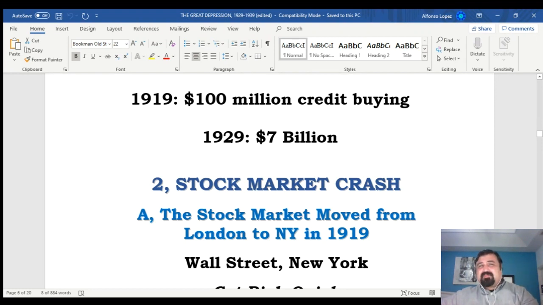And 10 years later, this figure had risen to 7 billion. There was already a large consumer debt in the United States by 1929. This is the moment of the great crash we're going to look at in just a few moments.